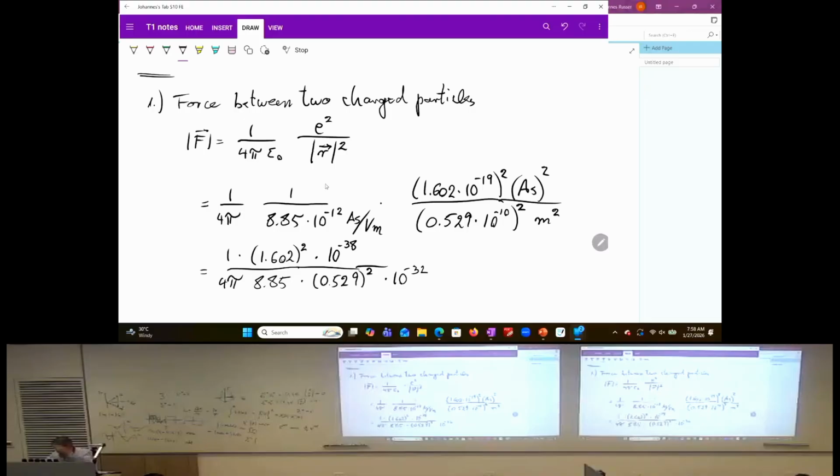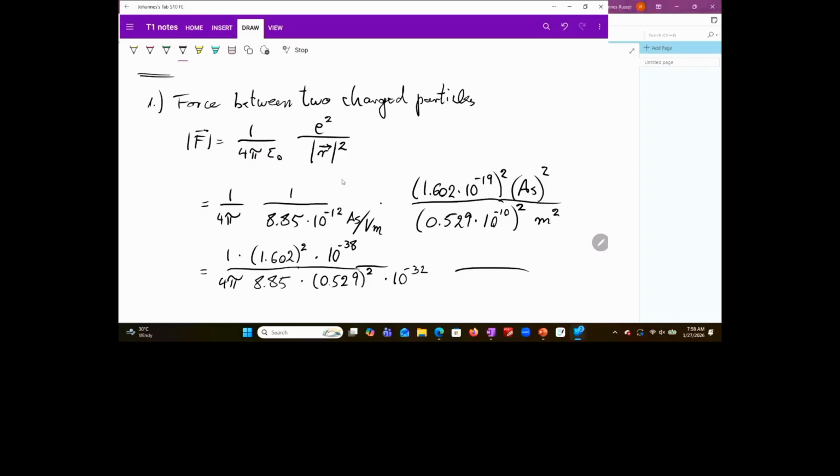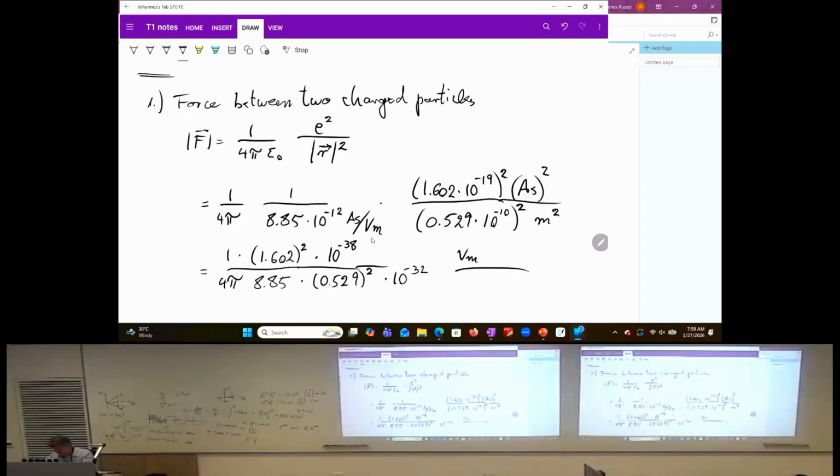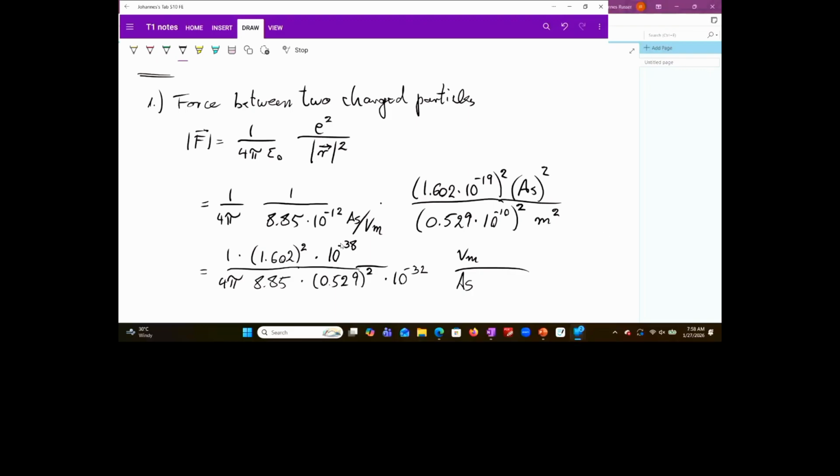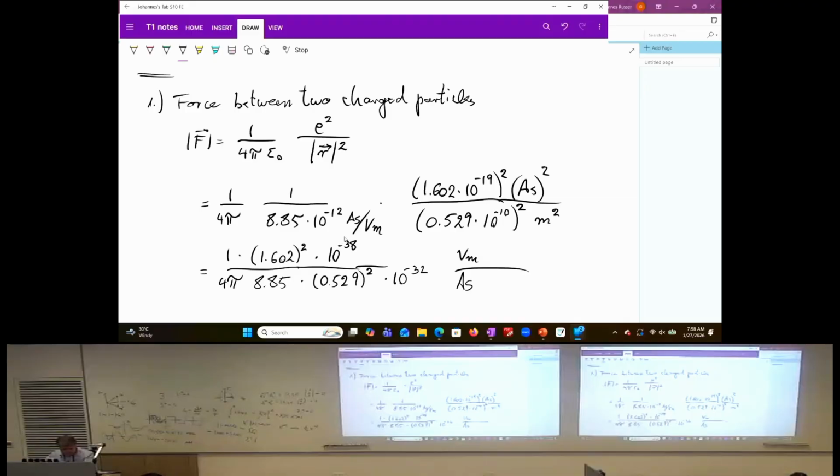What happens to the units? From epsilon naught we have voltmeter per ampere second. From the charge we have ampere second squared. And from the radius we have meter squared. So let's simplify that. 1 ampere second goes out, 1 meter goes out.